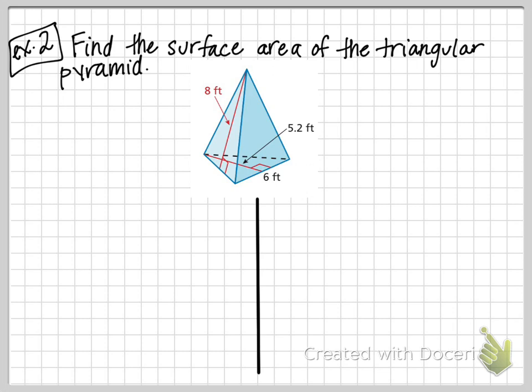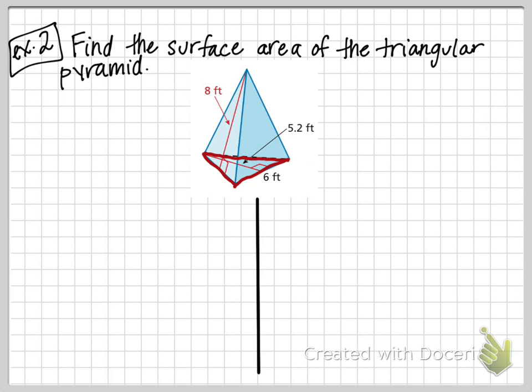Triangular pyramids can be confusing just because there are so many triangles. The base triangle down here may be different from the sides. The lateral side faces will always be the same.